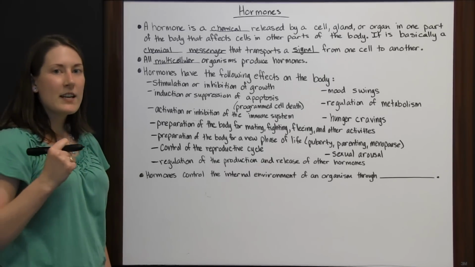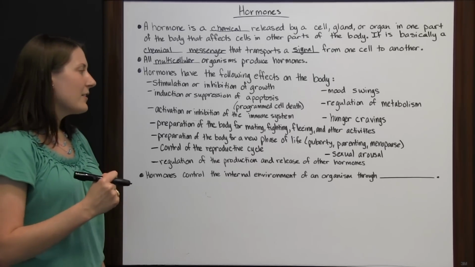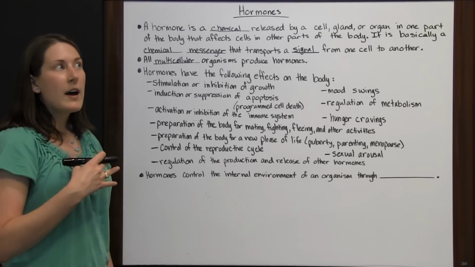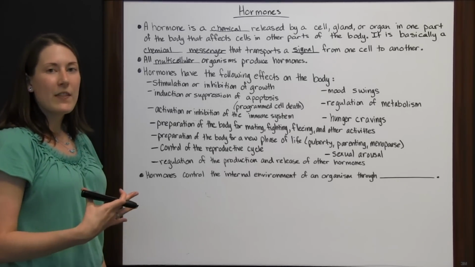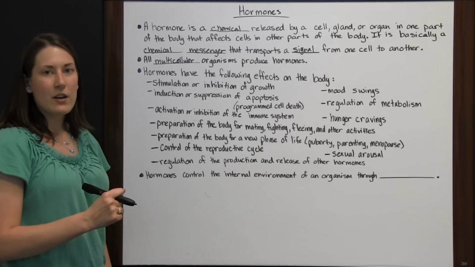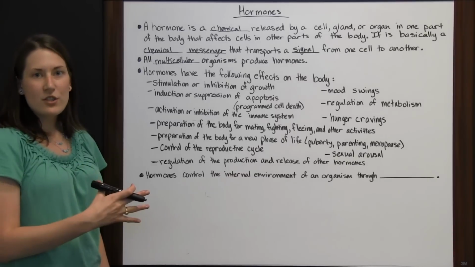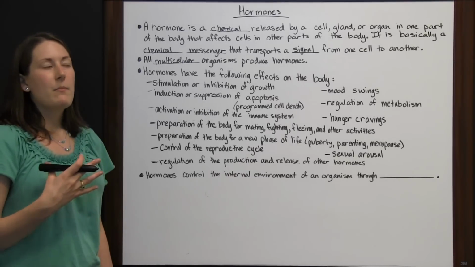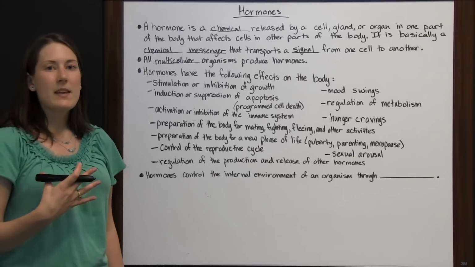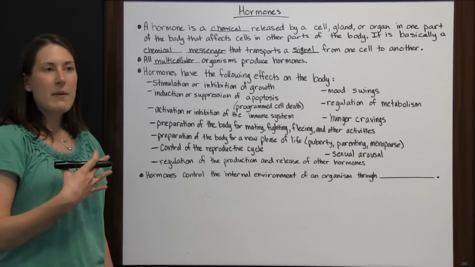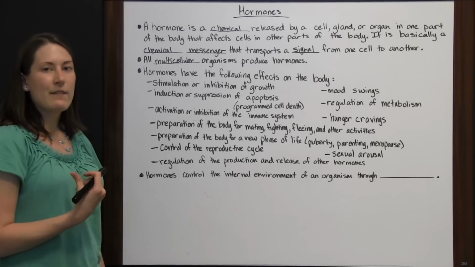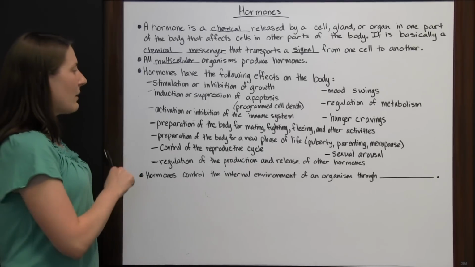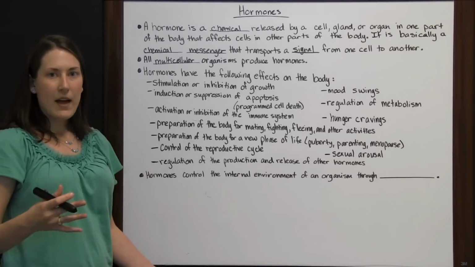So if you were getting ready to have to face something and fight or flight, or maybe before a big game, if you were nervous about the game and then you got really excited, you could have a lot of adrenaline. If you were going to go bungee jumping, anything that makes your body feel like you might be in danger or you might be about to experience something exciting, that could give you a rush of adrenaline. And so it prepares the body for that kind of a reaction.